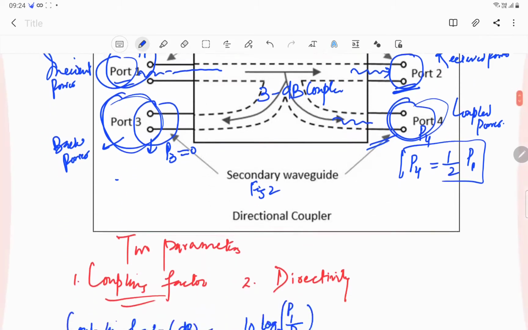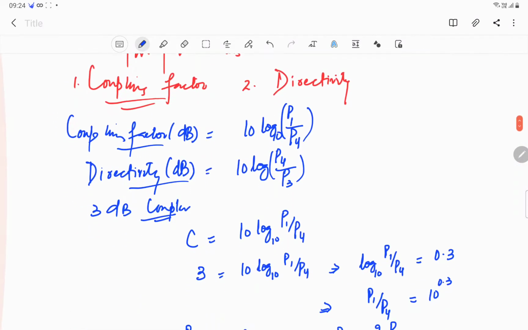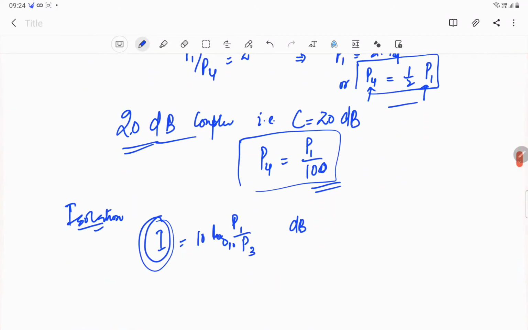The relationship between isolation, coupling and directivity is as follows: isolation in decibels is coupling in decibels plus directivity in decibels. As we know, coupling is 10 log 10 P1 upon P4, and directivity is 10 log 10 P4 upon P3.